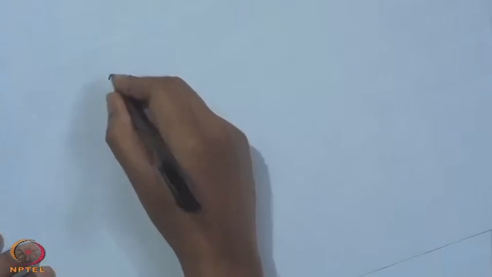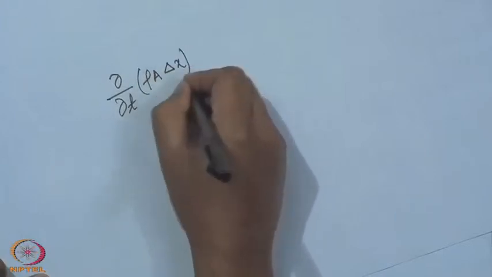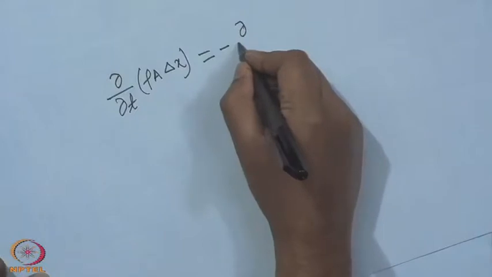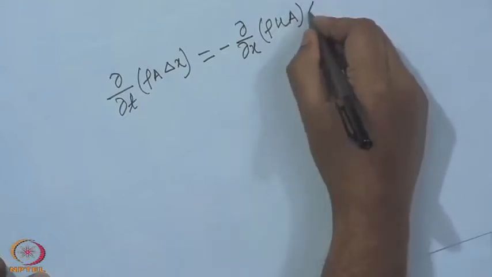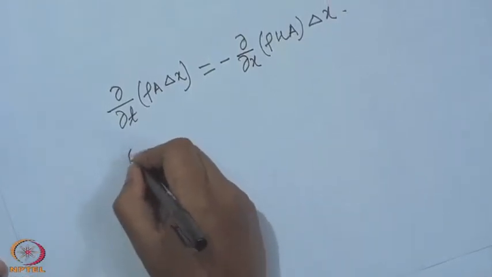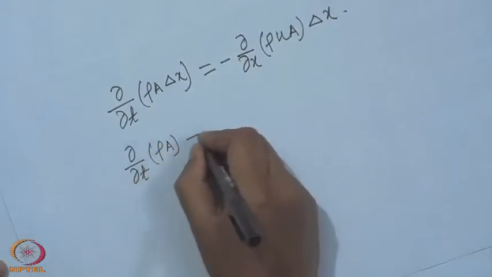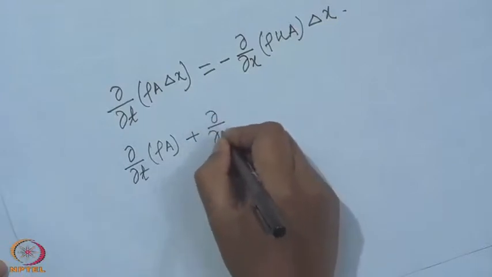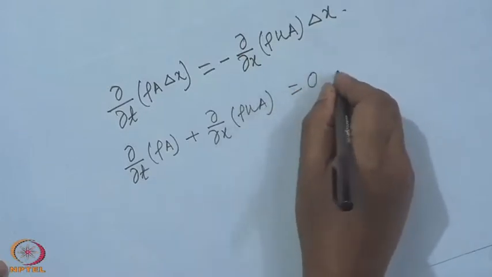So, in a sense we get that d dt of rho A delta x is minus d dx of rho u A delta x, or d dt of rho A plus d dx of rho u A equal to 0.